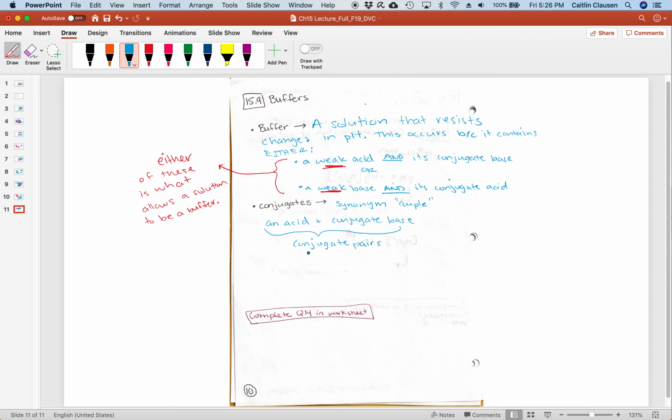Now, conjugate pairs differ from each other by only one proton. So this could be an acid and its conjugate base, or a base and its conjugate acid.